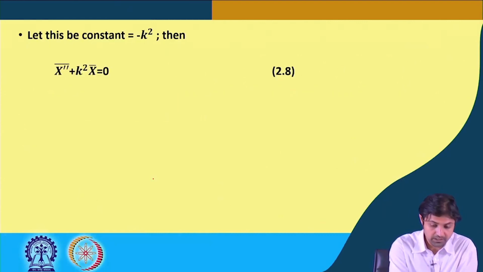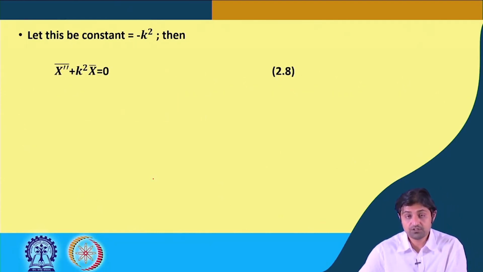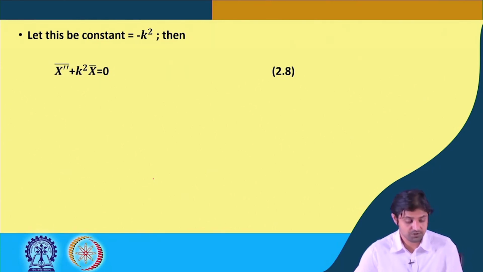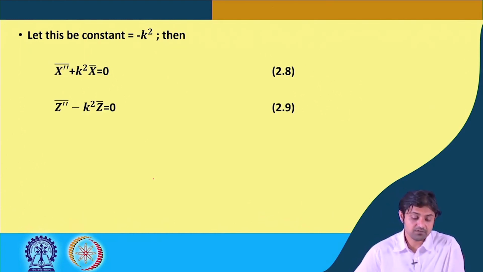Then we can write one of the equations as X double prime bar plus k square X bar is equal to 0, and the second one will be Z double prime bar minus k square Z bar is equal to 0.